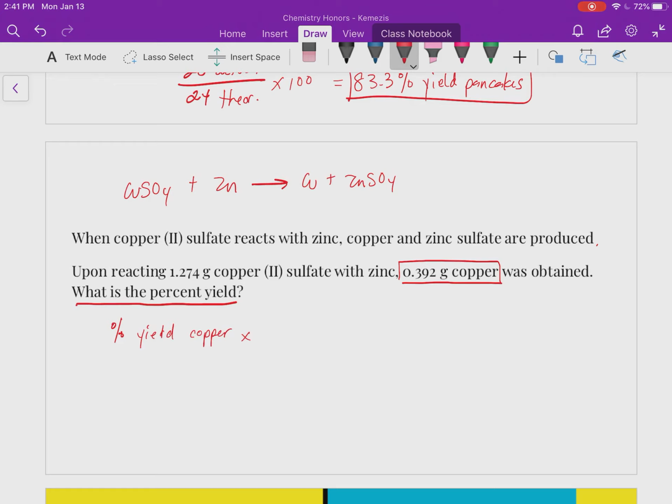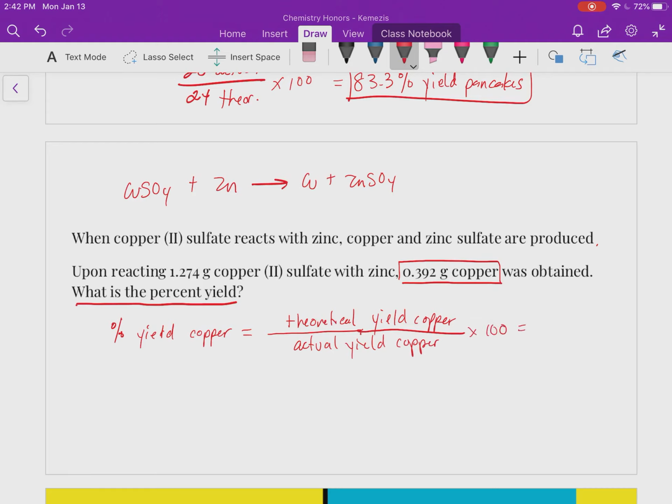So that means that we need to find the theoretical yield of the copper, and put it over the actual, or the lab yield of copper, and multiply by 100.